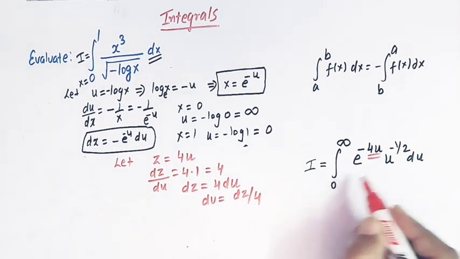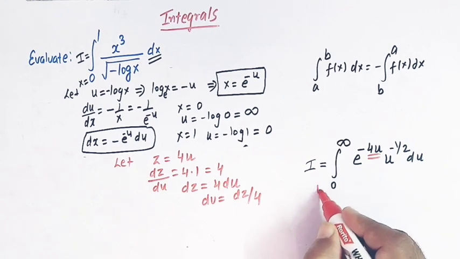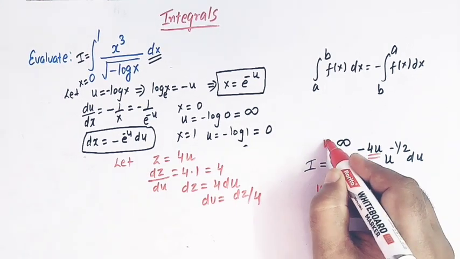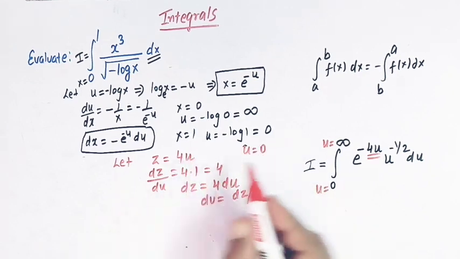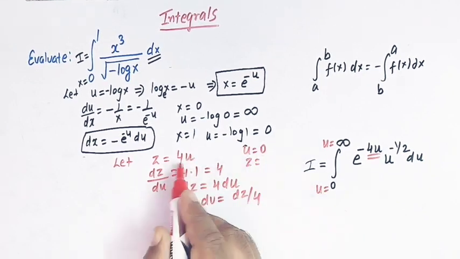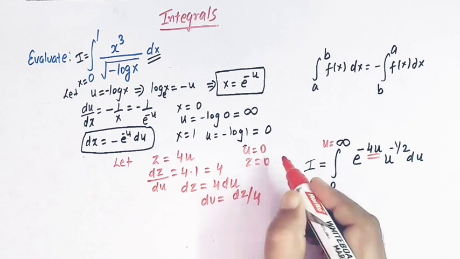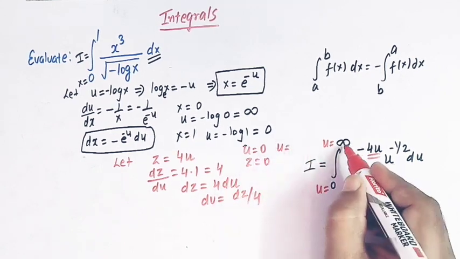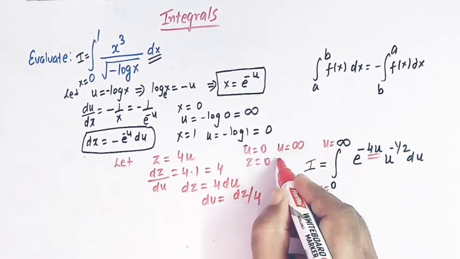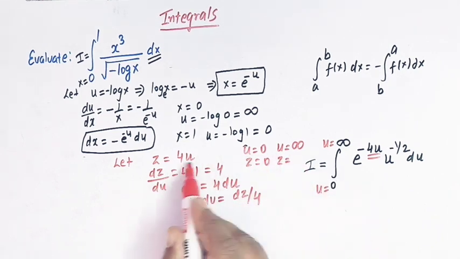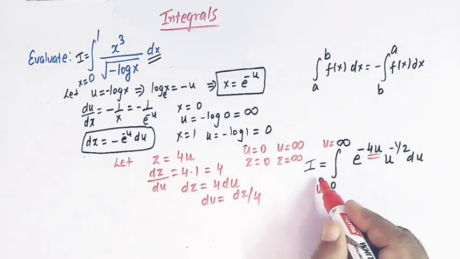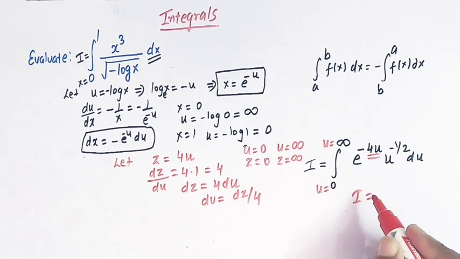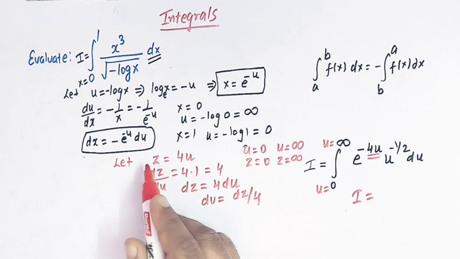Okay, now see here the limits of integration vary from 0 to infinity. So when u is 0, then obviously z is equal to 4 times 0 is 0, and when u is infinite, then z is also 4 times infinite, that is infinite, right? So now this integral can be expressed in terms of the new variable z, right?